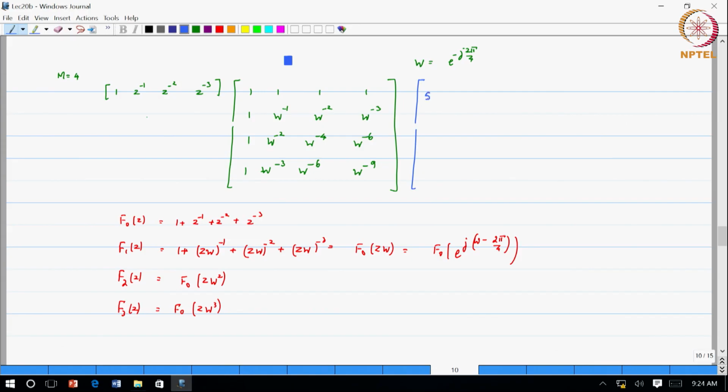Let us call the input S naught, S1, S2, S3. When you do the DFT, you will get a column vector. If you multiply it by a row vector, which is 1, z inverse, z minus 2, z minus 3, it is basically adding them with the appropriate delays, right.